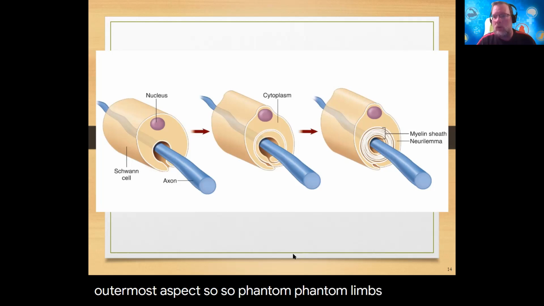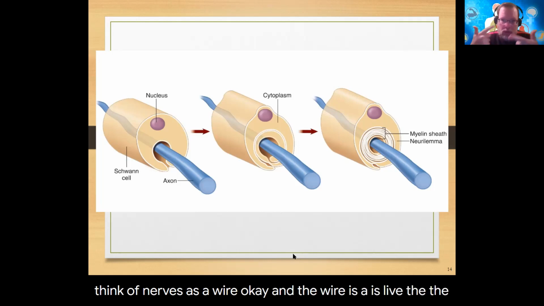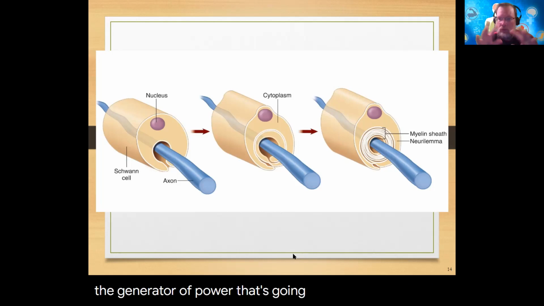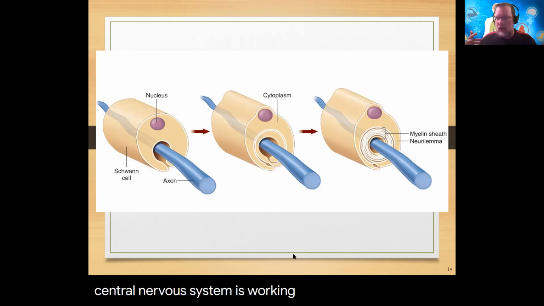Phantom limbs. Think of nerves as a wire, and the wire is live. The generator of power going through these wires is coming from the central nervous system. As long as my central nervous system is working and I'm not impinging it, whether through muscle or whatever, I'm going to have electrical flow.